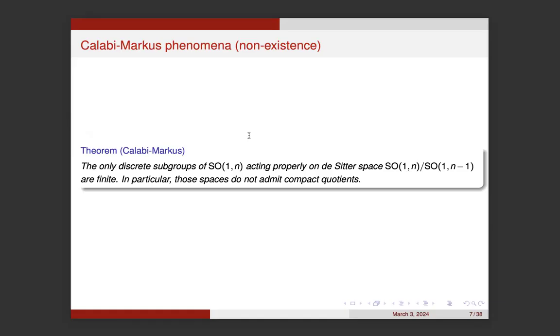In odd dimension, there are compact quotients. So for Lorentzian manifolds of negative curvature, in odd dimension, we have existence of compact quotients. And in fact, there is a construction introduced by Kulkarni, which constructs explicitly the compact quotient given the model space, but not in even dimension. There is no compact quotient. Interesting, thank you.